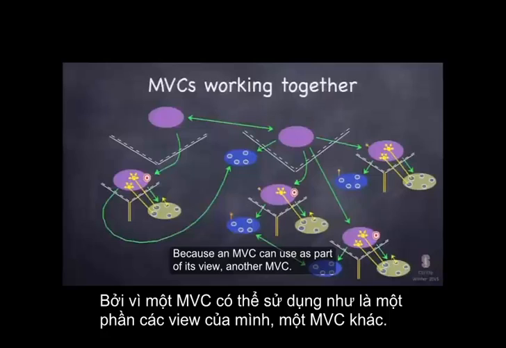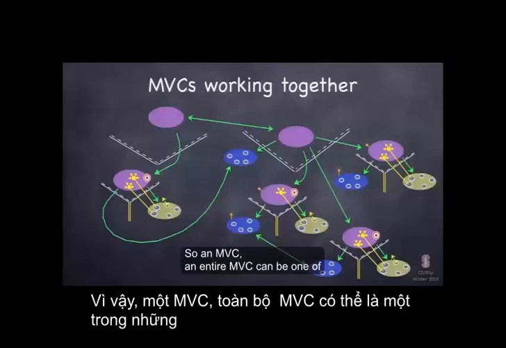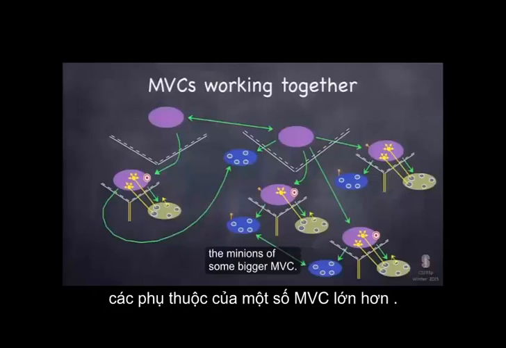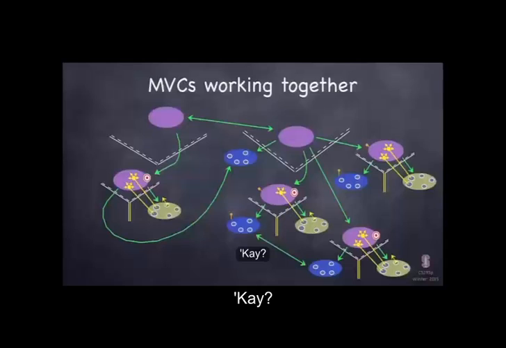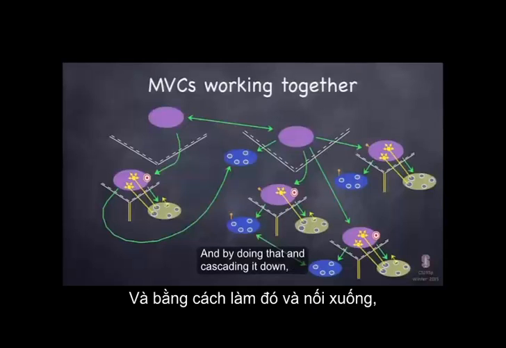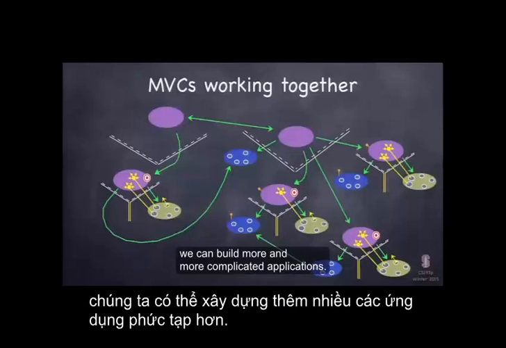Because an MVC can use as part of its view another MVC, okay? So an entire MVC can be one of the minions of some bigger MVC. Okay? And by doing that and cascading it down, we can build more and more complicated applications.